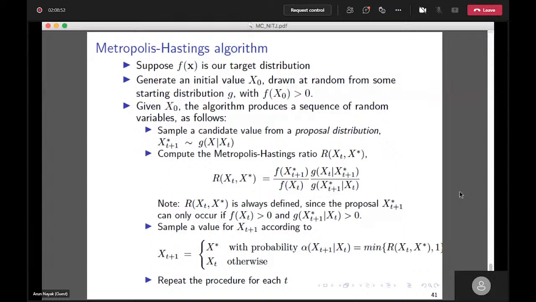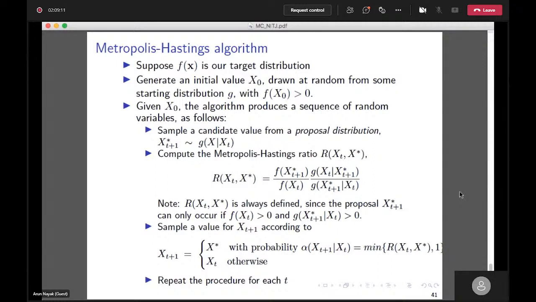Okay. So one of the algorithms used to generate the Markov chain is called the Metropolis Hastings algorithm. Suppose f of x is your target distribution. You want to generate f of x, maybe Gaussian or exponential or something.